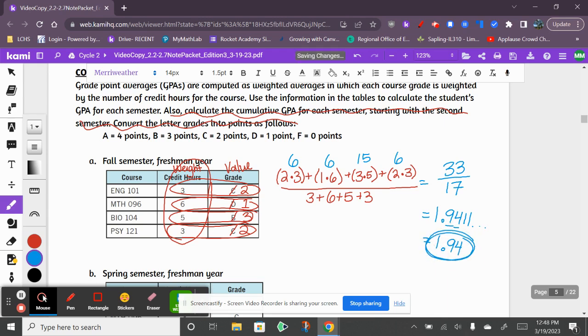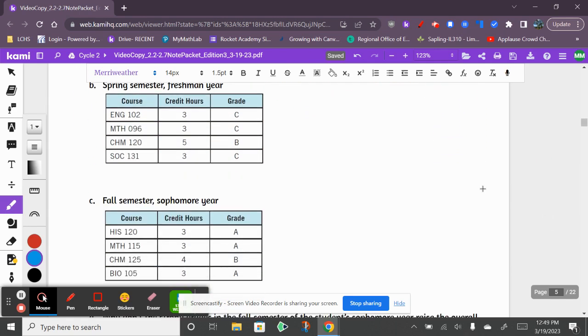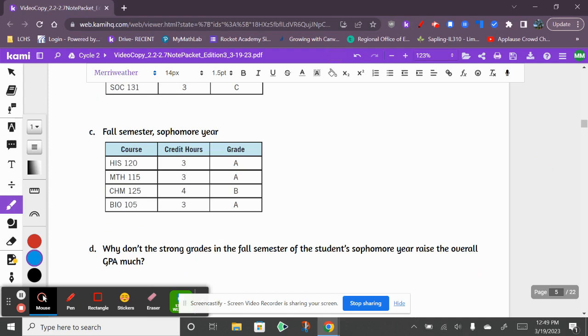Okay, we're going to go ahead and do one other example. We'll skip down to part C, where we look at the fall semester of sophomore year. First, let's change the grades to values. Any A's will be worth a 4, and B's will be worth a 3.